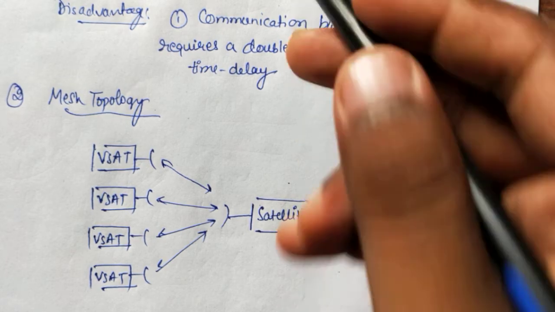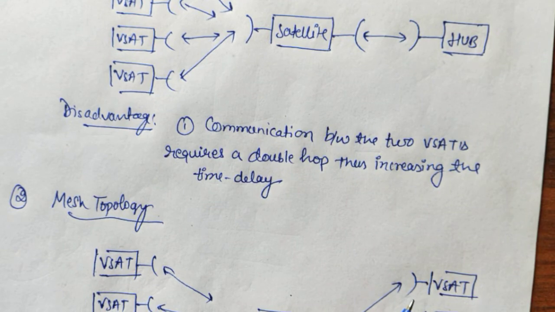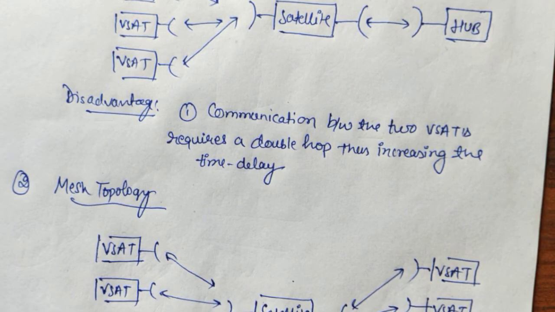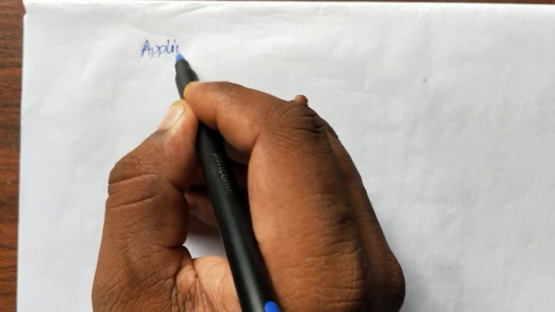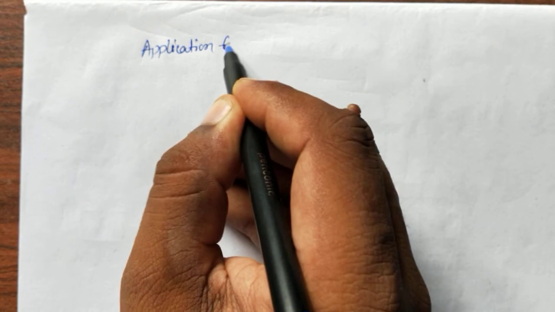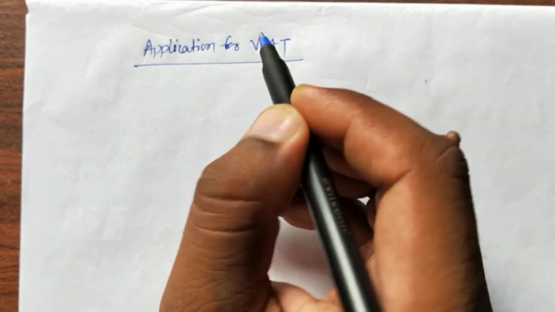So these two figures illustrate the two topologies. Now the applications of very small aperture terminal, Vsat.